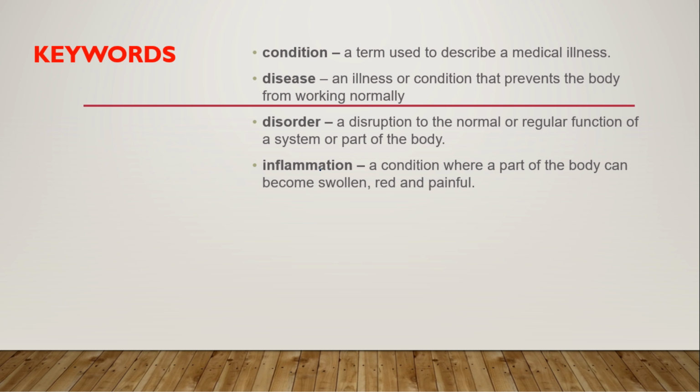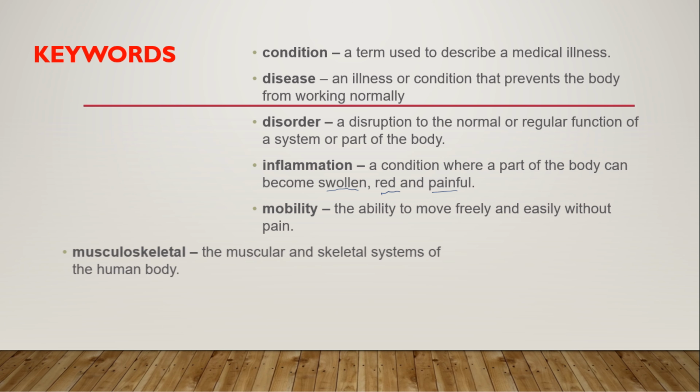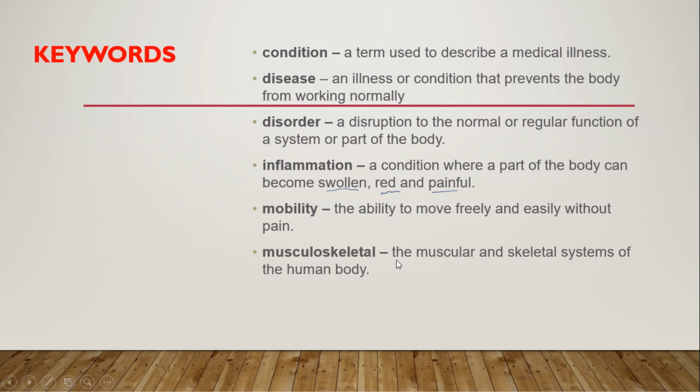Inflammation اللي هو الالتهاب, مثلا التهاب gastroenteritis التهاب المعدة والأمعاء, the stomach and the intestine. A condition where a part of the body can become swollen, بيكون منتفخ, red بيكون أحمر, and painful بيكون فيه ألم. Mobility, the ability to move، ان انت عندك القدرة ان انت تتحرك بحرية and easily without pain بدون اي الام. Musculoskeletal, the muscular and skeletal system of the human body.